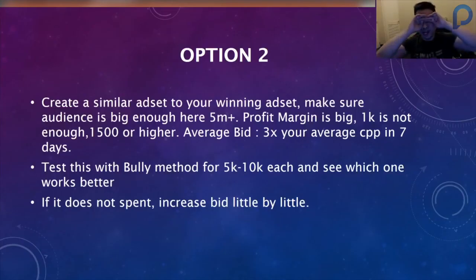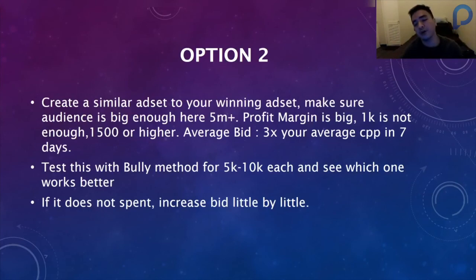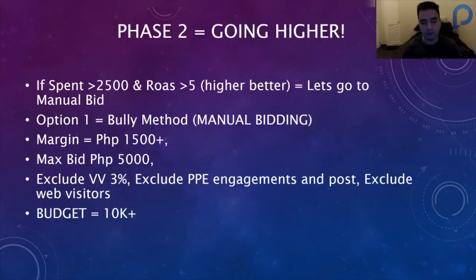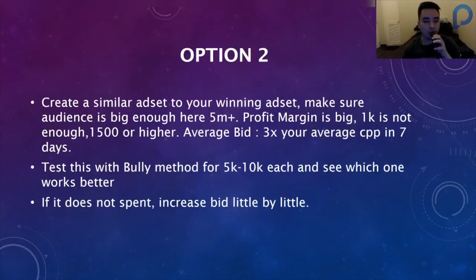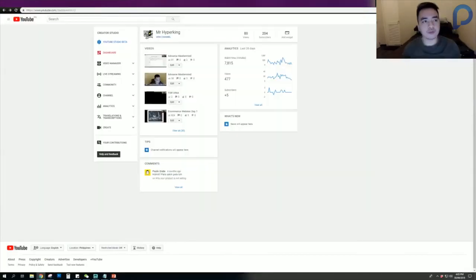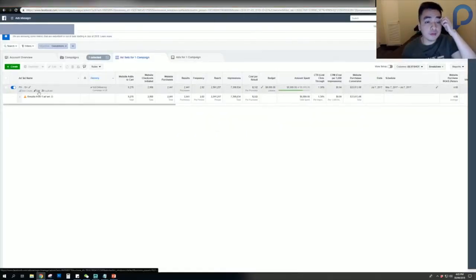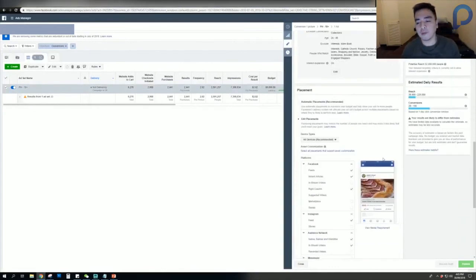So you'll see we actually have many options on what to do. Again, if your item is 1,500 plus, I usually go for the bully method. This one is called the average bid. Here we're bullying, right?